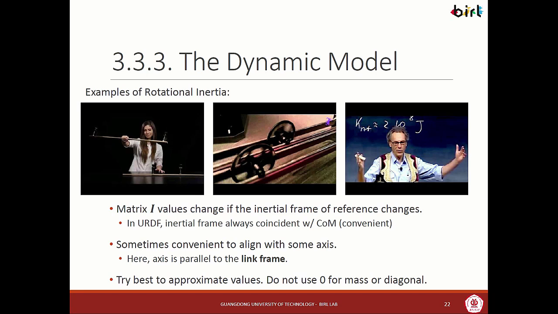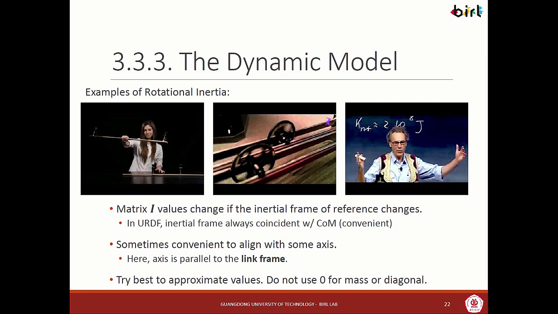This inertial frame of reference is also convenient to align with some axes. And here, the axes are parallel to the link frame. So all we're saying is, here's the link frame. Here's the object. We have an inertial frame. We're going to put it at the center of mass, and it's going to be parallel to the link frame.